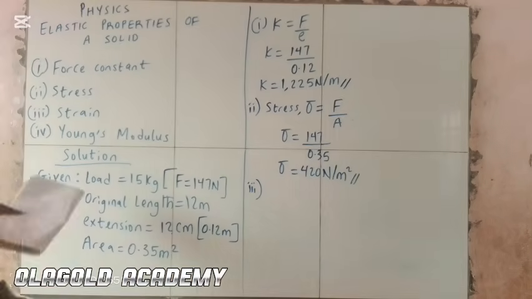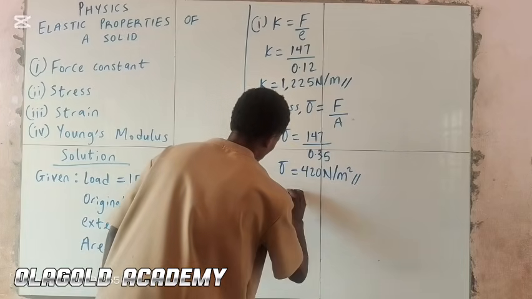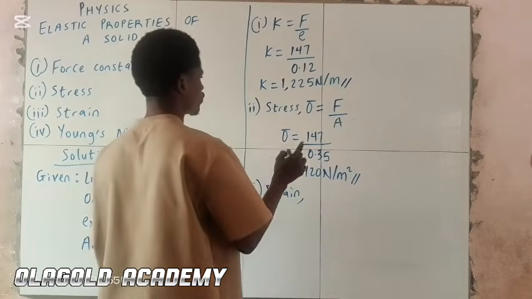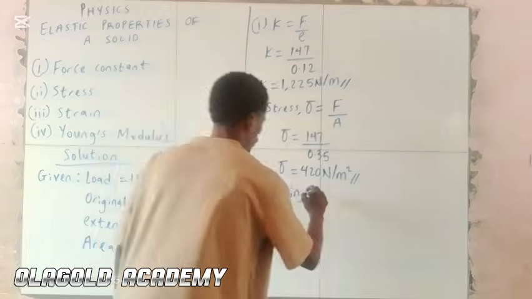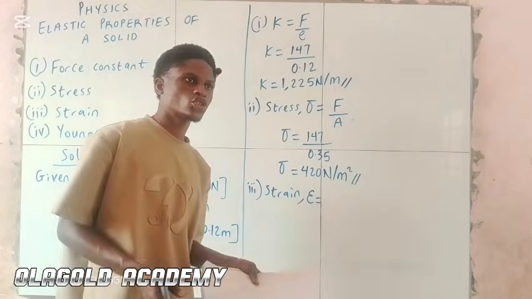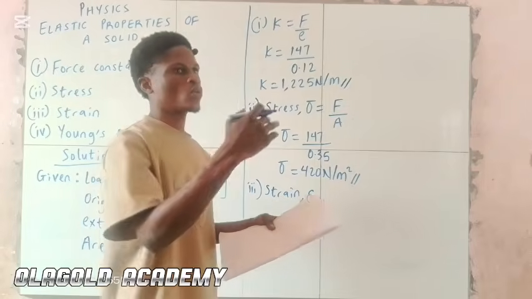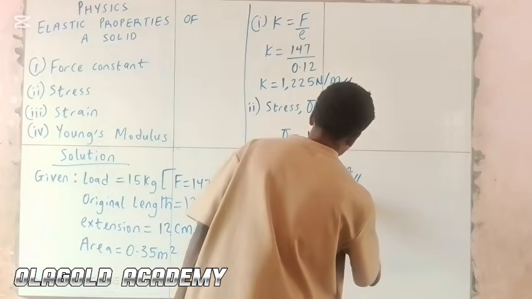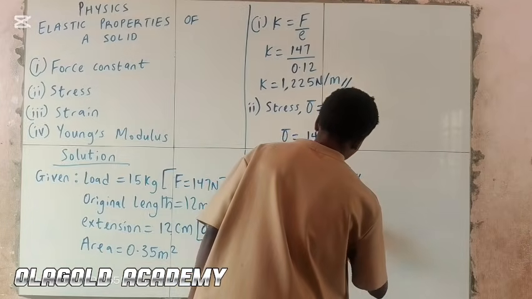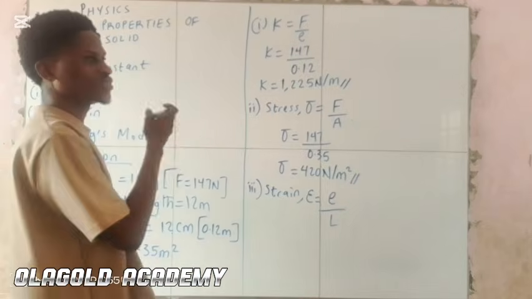Question 3 says that we should calculate strain. Now strain, having a symbol of epsilon, is, remember, a ratio of extension or elongation to original length. So we have E over original length. You can see it is on the question as deformation.